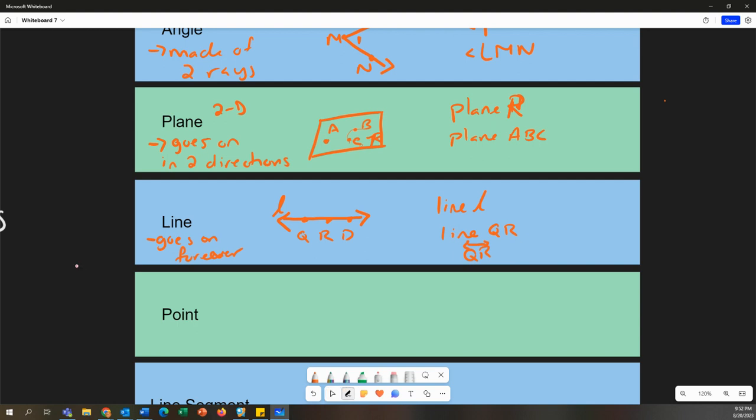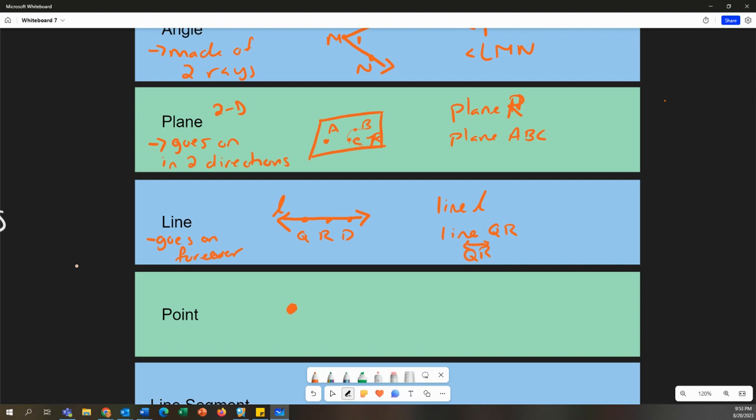A point actually has no width, okay? A point is so microscopic we could barely see it if we really looked at it. So it has no width, has no height, and we imagine it like a dot.